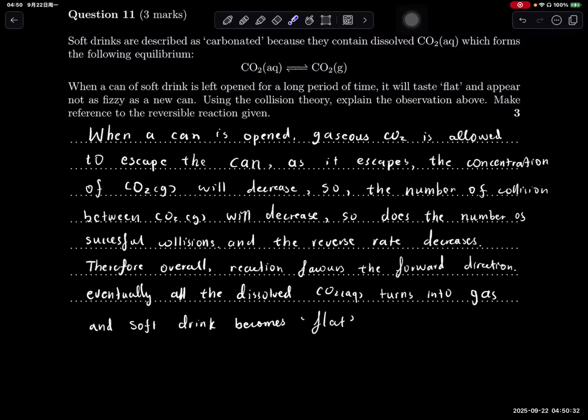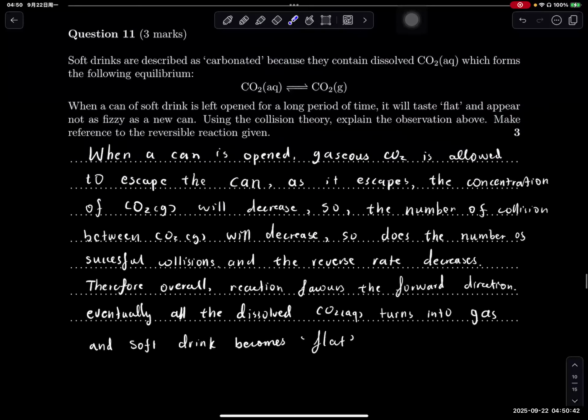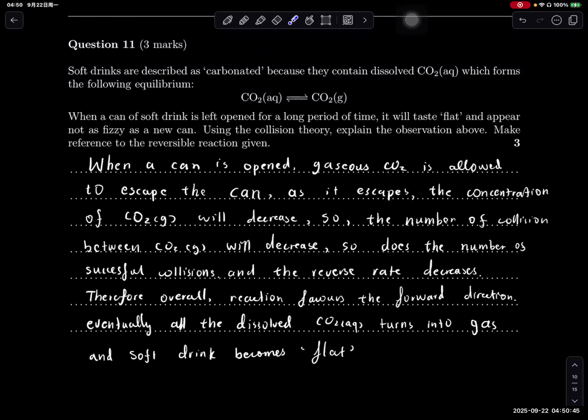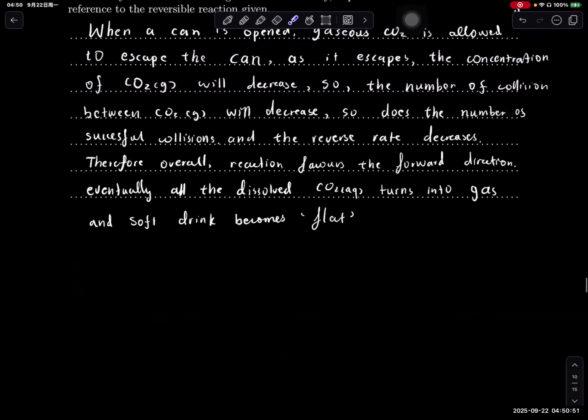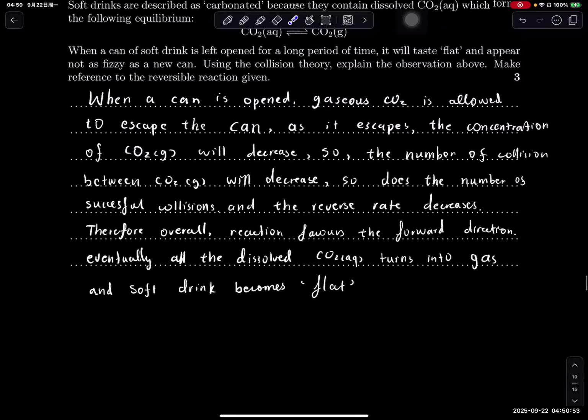Therefore, overall, the reaction favors the forward direction. It just keeps going, while the gas is continuously losing its quantity. So eventually it's just never reversible. So static equilibrium is established when everything just flows off. Okay, so it tastes flat.